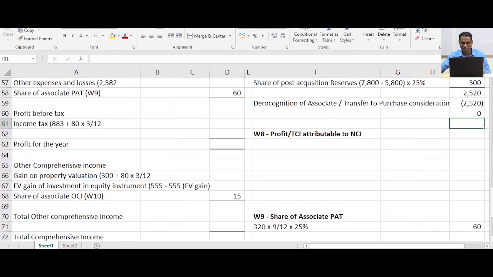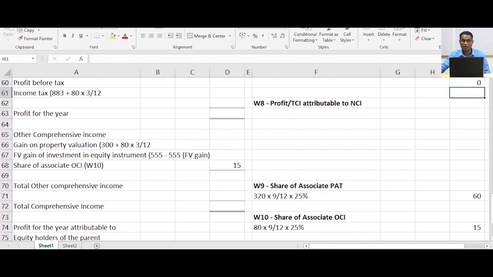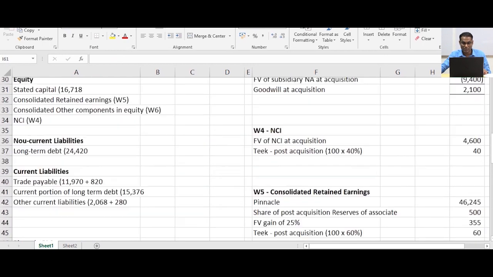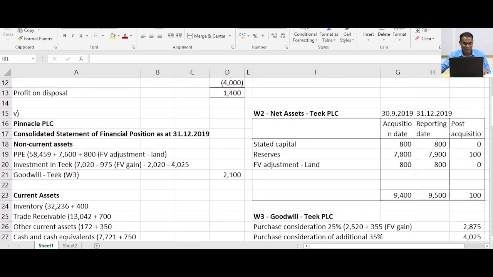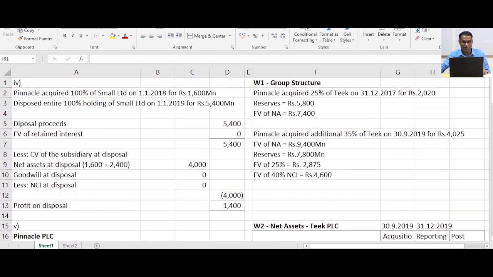Then the profit attributable to NCI will be calculated later. And we have also completed the share of associate profit after tax and share of associate other comprehensive income. Then you also need to consider one more thing. Remember in part 4 we calculated the disposal profit in the group accounts with regard to the disposal of Small Limited.